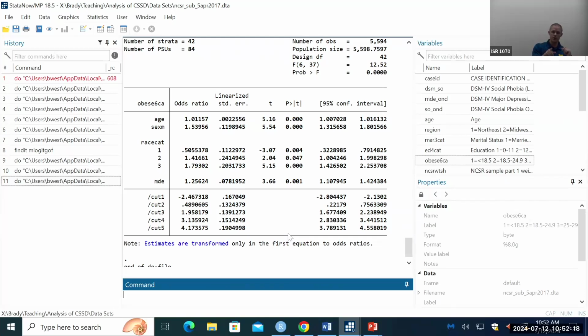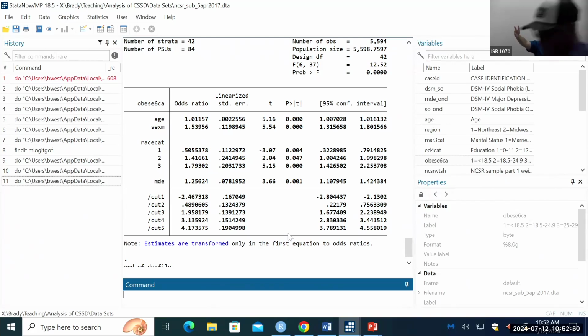So given Stata's parameterization, we're saying the odds of the dependent variable being higher, which in plain English means being more obese. So the odds of being more obese are 1.5 times, 1.5 times what? Higher or lower? Higher. Higher for males relative to females, right? Or 54% higher. So the odds of being more obese for males are 54% higher than they are for females.